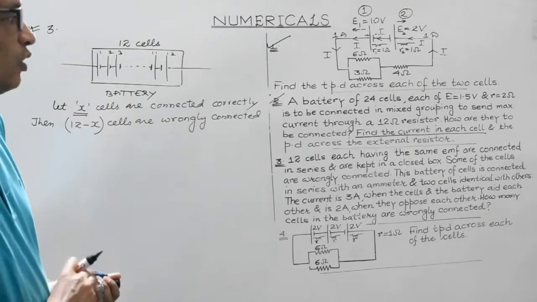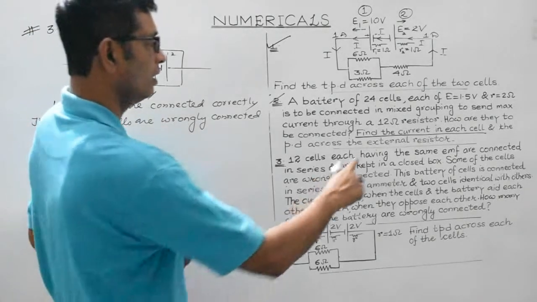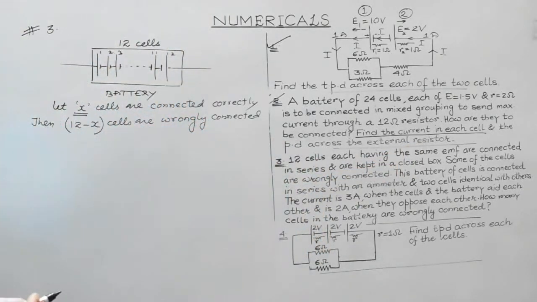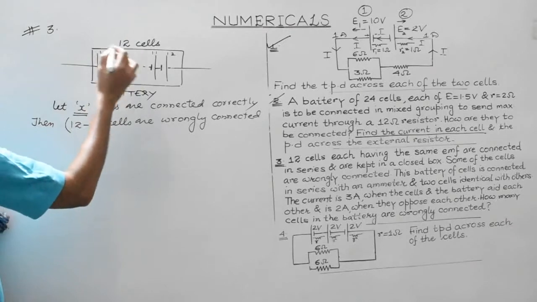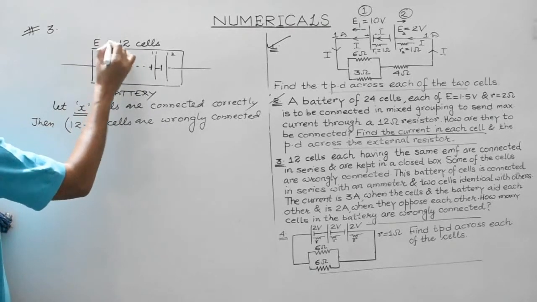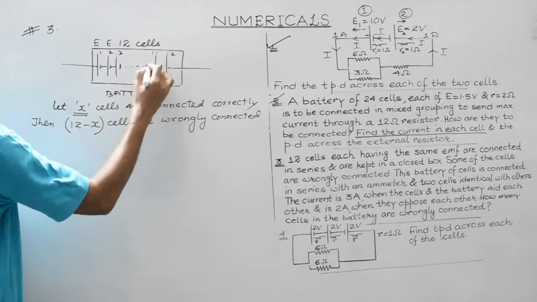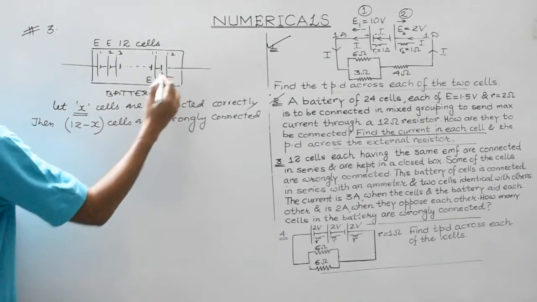Okay, now let's read the question again. Some of the cells are wrongly connected. The battery of the cells is connected in series with an ammeter and 2 cells are identical with others. Right? So suppose each has got an EMF of E. All cells are identical. And here, no internal resistance is given.